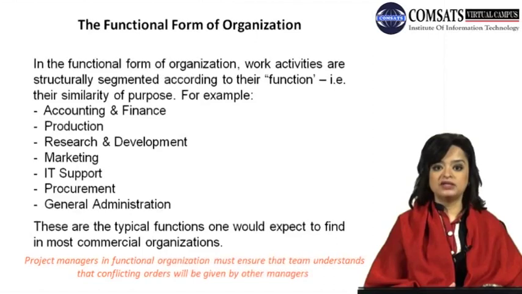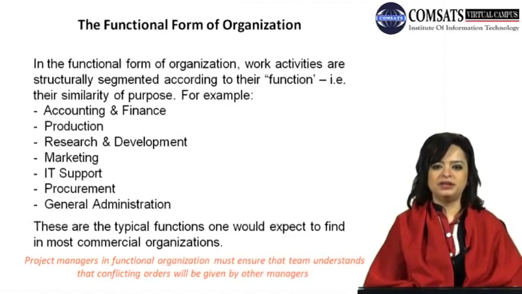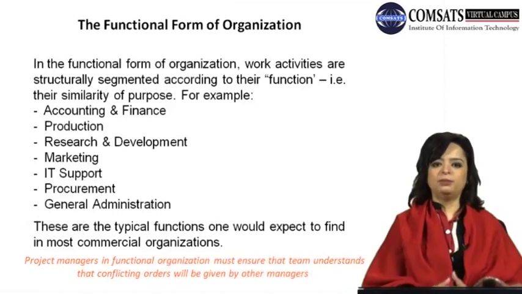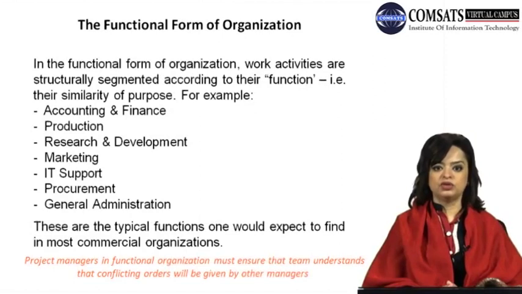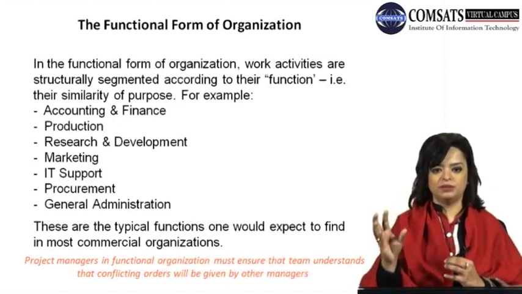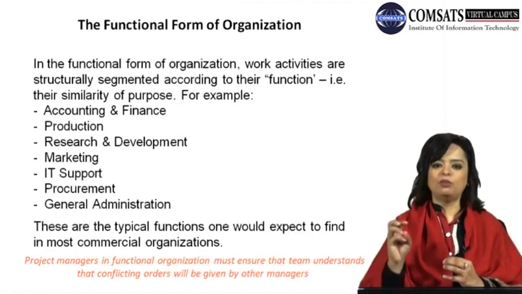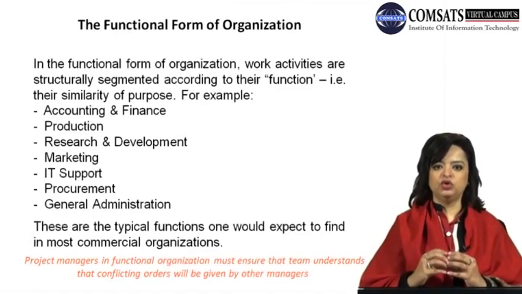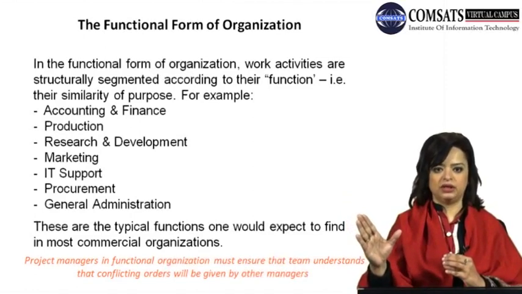Project managers in functional organizations must ensure that the team understands that conflicting orders will be given by other managers. It's not just the team members being lethargic in this situation, it's also their own department managers not understanding the importance, or not being aware of the situation, that the team members are actually working on 2 jobs and are also getting orders from another person, and how important it is for this team member to balance the work to ensure that work is also getting done.